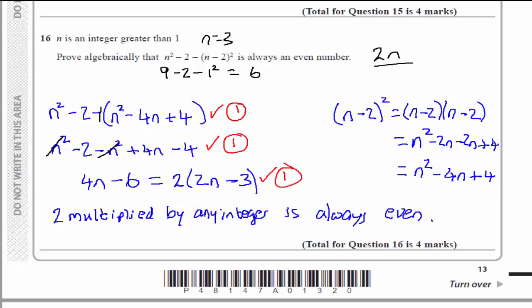As long as 2n minus 3 is an integer, as long as n is an integer, it doesn't matter what this bracket comes to, because 2 lots of it will always be an even number. And there is the fourth mark.